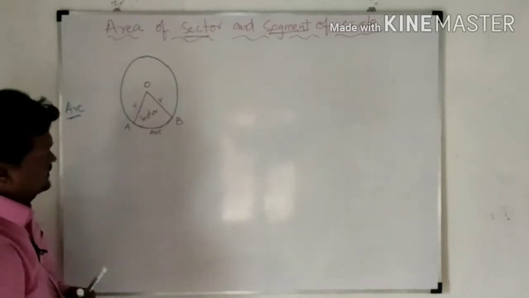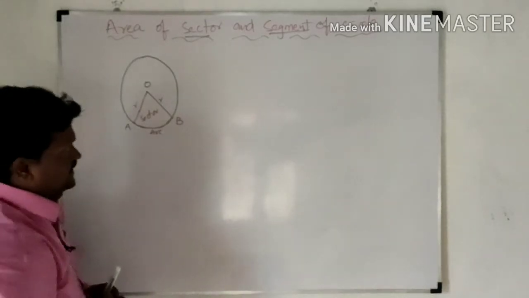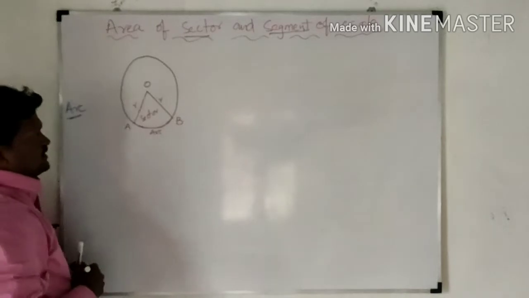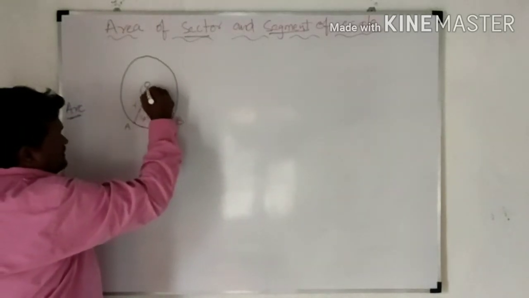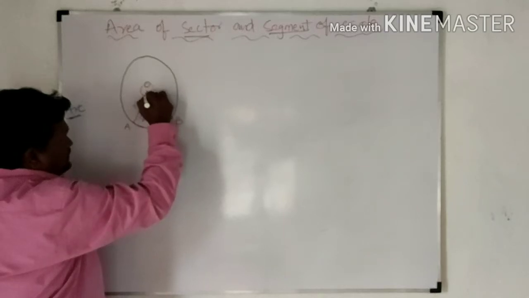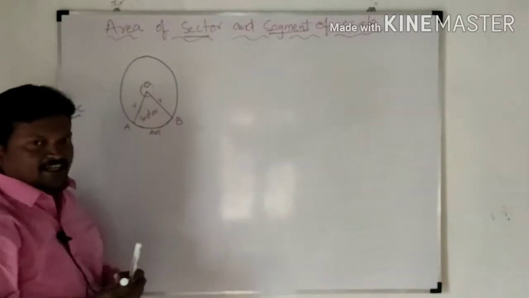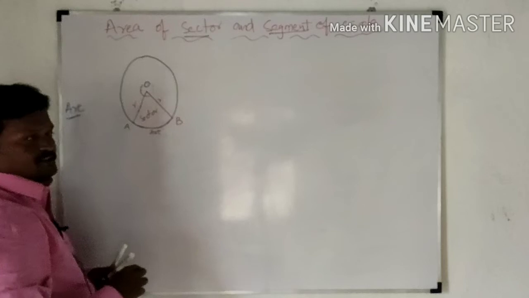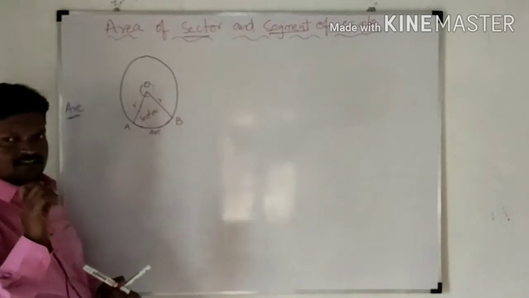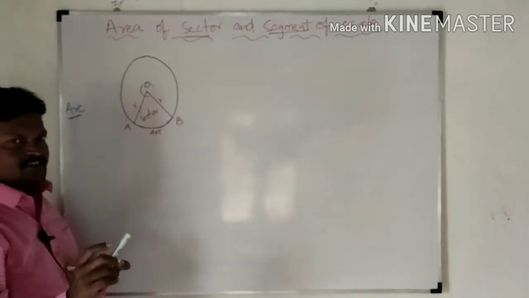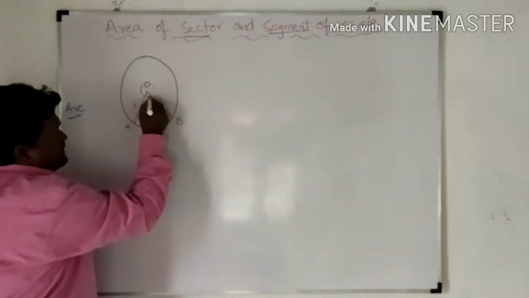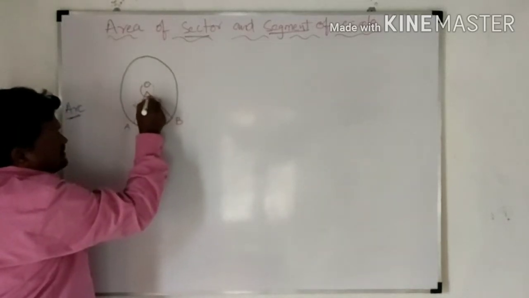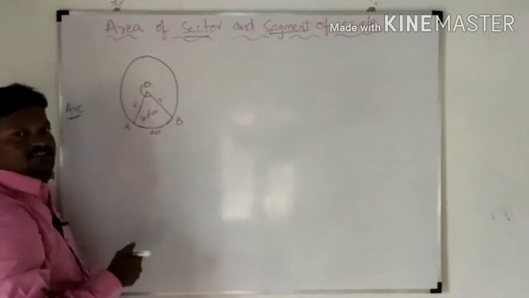Okay, so see here. In the same way, we know the angle at the center of the circle is 360 degrees. We know that very well. But in this 360 degrees, some angle comes under this sector.